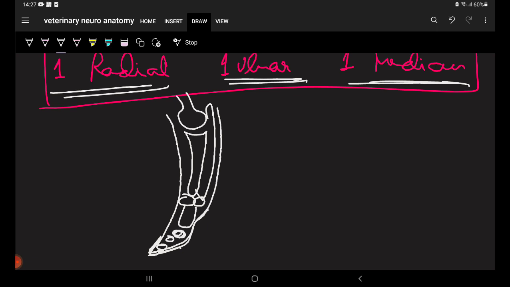Okay. So first let us talk about the ulnar nerve.